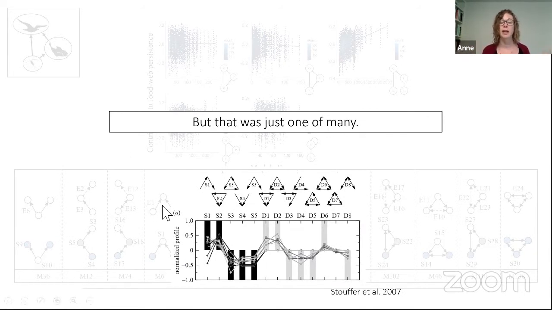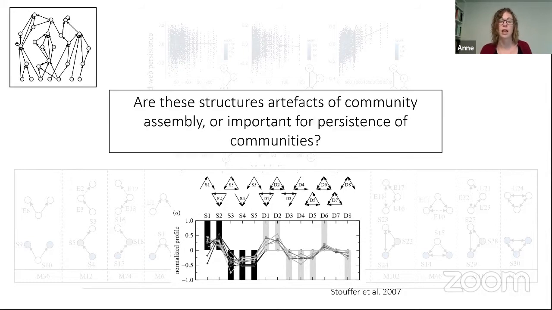So what happens when we expand and look at these other modules? Perhaps some of the rarer motifs might be more important for stabilizing the interactions. And are these structures actually important, or are they just artifacts of community assembly or some other factors, or can they predict the persistence of communities?